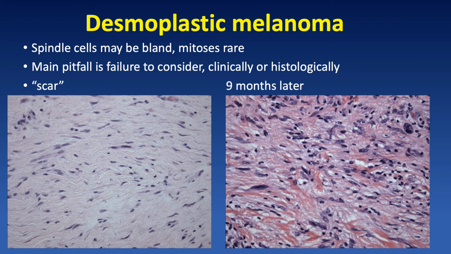Depicted here is a fortunately uncommon but unfortunately somewhat classic pitfall with desmoplastic melanoma initially misdiagnosed in the initial biopsy as a scar, and one can see the bland cytology here, and then 9 months later increased cellularity and some overt atypia, but by this time the tumor was a few millimeters thick.